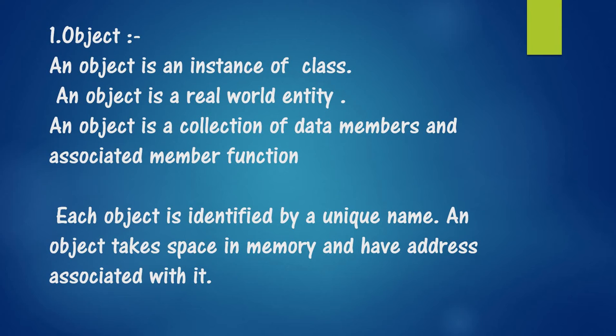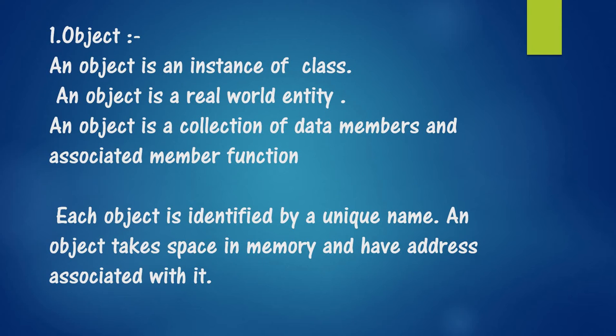That is, each student is identified by his name. Then in the object oriented concept, an object takes space in memory for storing the object. Some space is required, and each object has its own address and takes some space in memory.